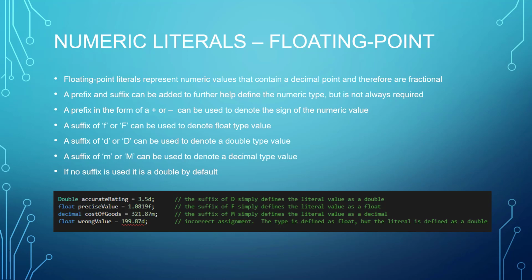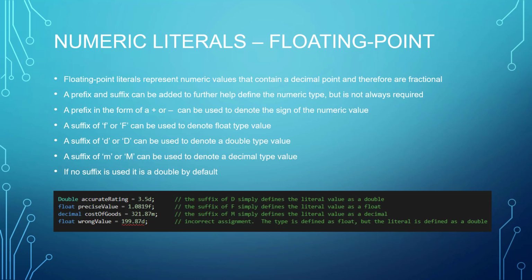And then the last example here is that we've done something incorrectly on purpose in order to make a point. We've declared a variable called wrong value of type float, and we've assigned to it a numeric literal of 199.87. But because we put a lowercase d suffix on the end, we have defined this literal value as a double.